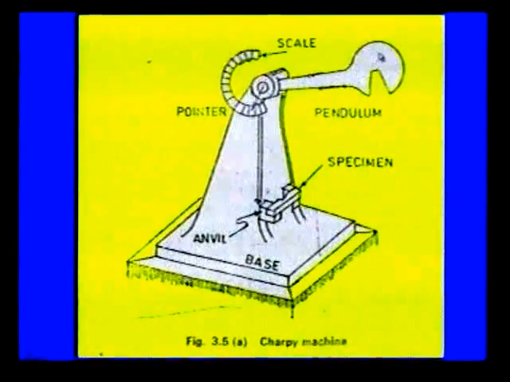The pendulum is fixed at some height and the workpiece is placed simply supported between the two supports. Whenever the pendulum strikes the workpiece, the workpiece will be broken and the pendulum will swing forward some distance, and that distance is recorded by the movement of the pointer. So that pointer reading is also considered for calculation of the impact test.